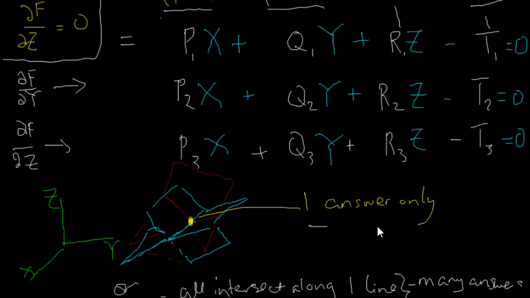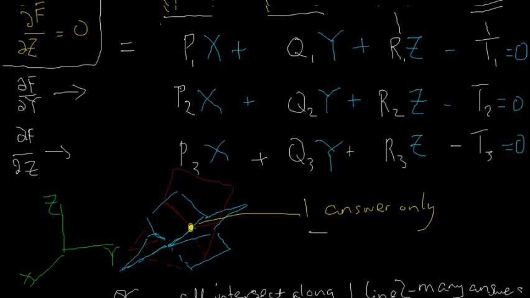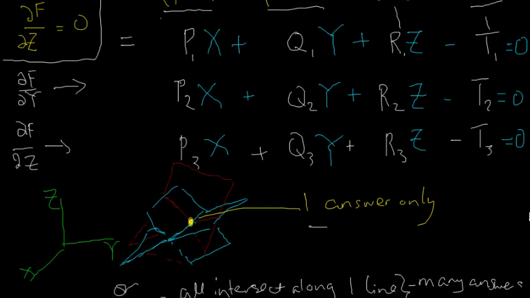And how do we know whether there is one answer or many answers or no answers? The simplest way is to just apply Gaussian elimination and solve these three equations directly. And if we can get an answer, that is the only answer and that minimizes the problem.